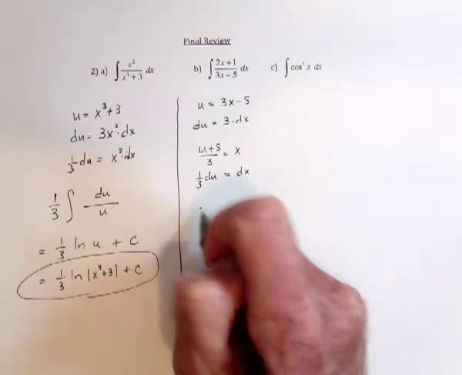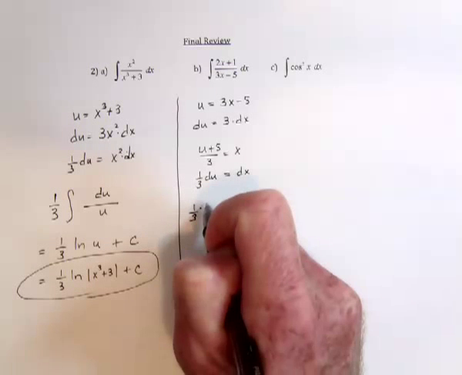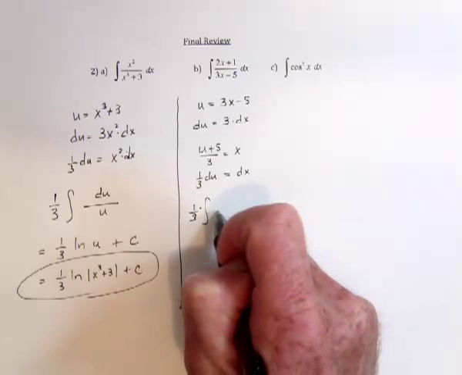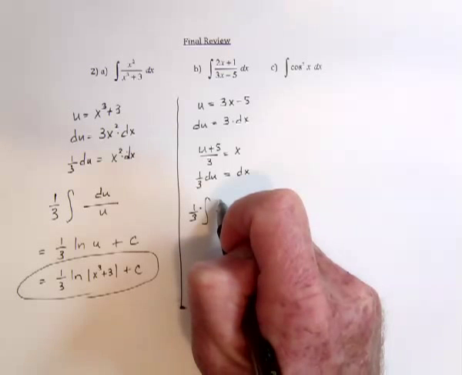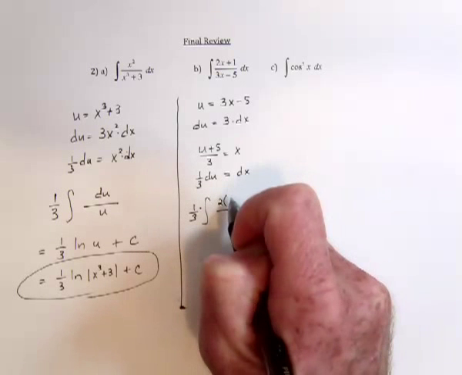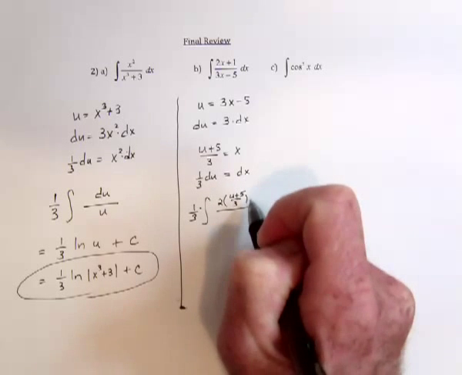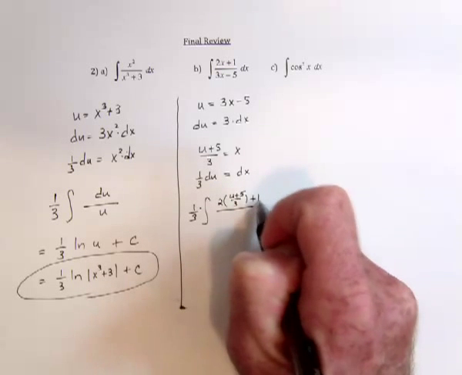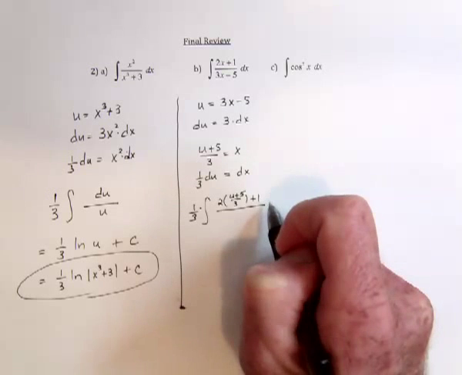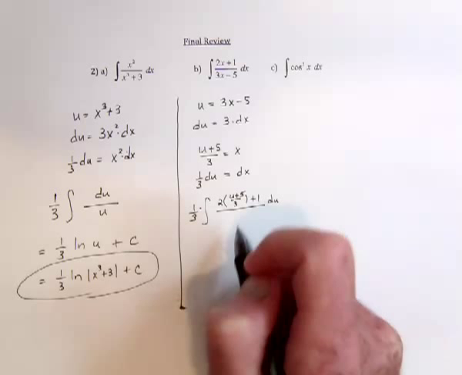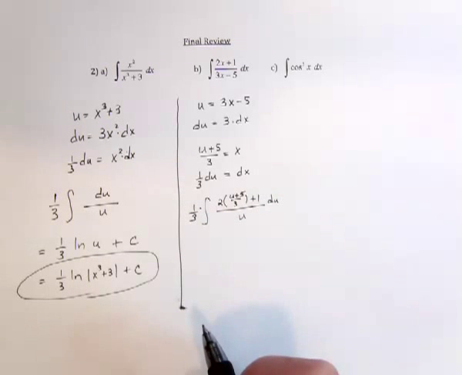So you'd have the 1/3 can be factored out, and then in the numerator we have 2 times what x is equal to. And then there's a plus 1. The dx gets replaced with 1/3 and a du, and the denominator is a u.